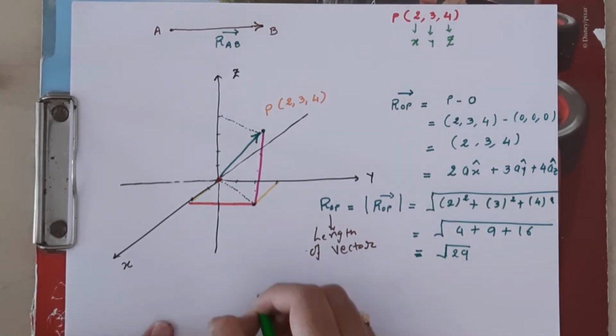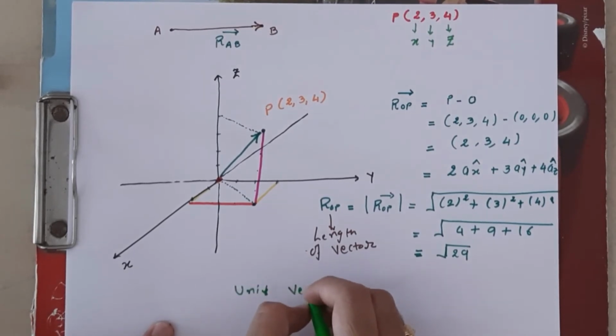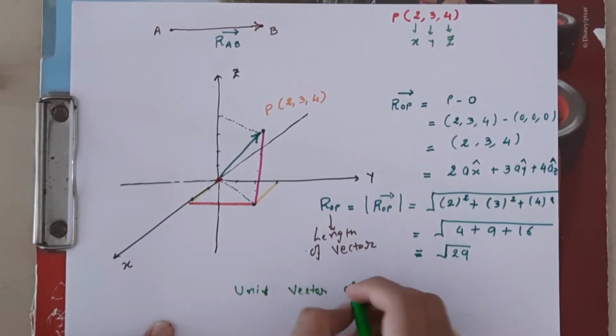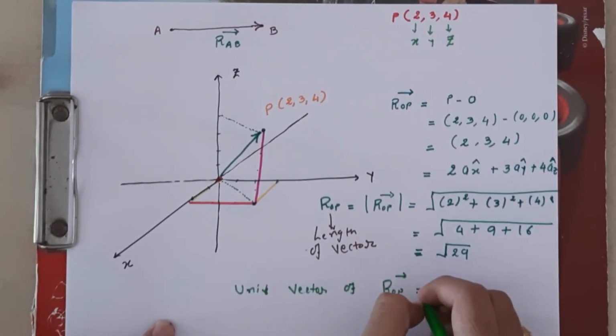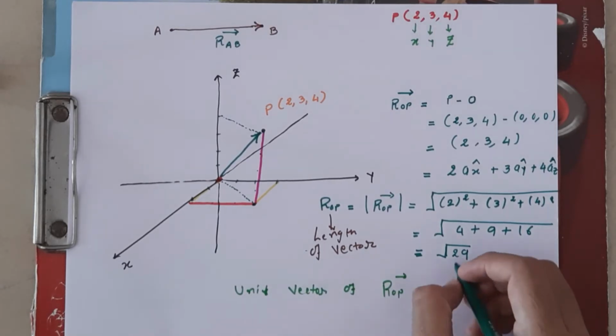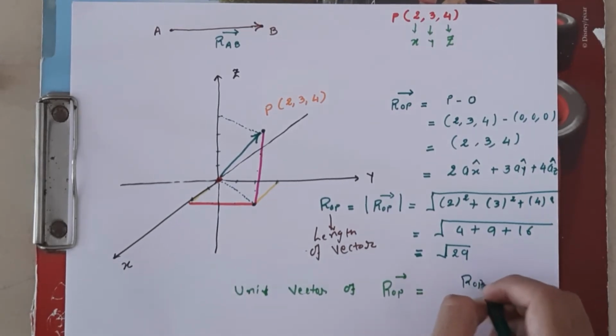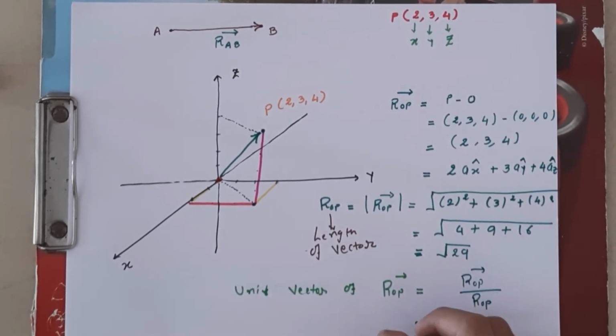Unit vector of ROP is equal to the ROP vector divided by its magnitude. So what is the ROP vector?